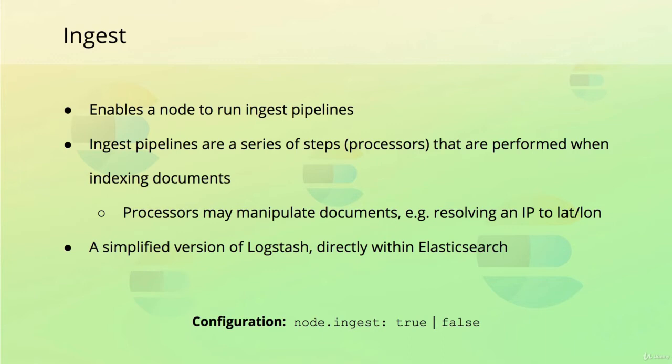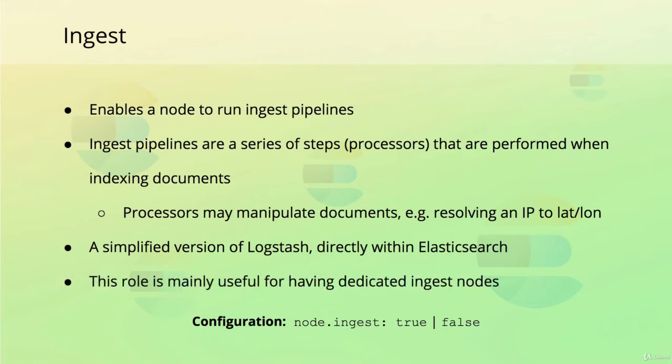As you might imagine, running a busy website or API will yield a lot of documents. That's why it's possible to enable or disable ingest pipelines for a node. If you run a lot of documents through a pipeline, you might consider having a dedicated node for this.